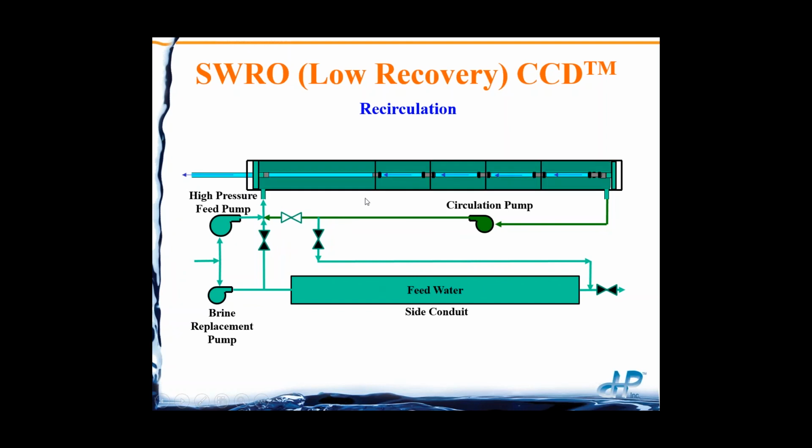So while we're circulating, we're concentrating, and then when it gets to the percent recovery that we want, gets the concentration that we want, then the valve's going to change, and now the brine is going to be going into the side conduit, pushing feed water up into the closed circuit pressure vessel, and this feed water is going to be pushing the brine out.